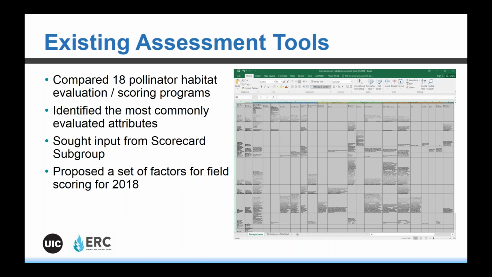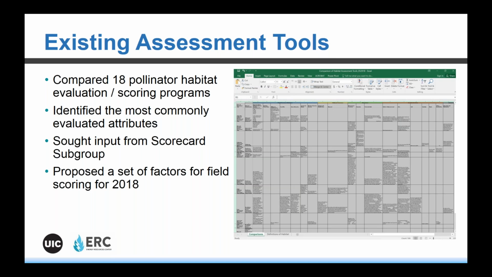So our process has consisted of evaluating a lot of different scorecards and assessment tools that are out there. I think we have at least 18 in our tracking spreadsheet that we've gone through attribute by attribute, looking at how different scorecards have handled different data points. We've pulled what seemed to be the most common of those attributes. We've had a scorecard subgroup. Again, many of you have been involved with that subgroup, wrestling with what the best attributes to include are.